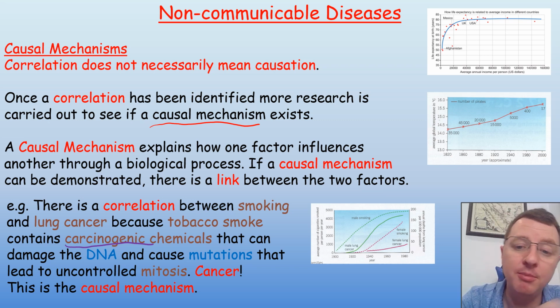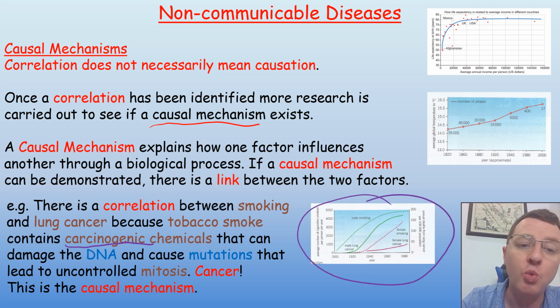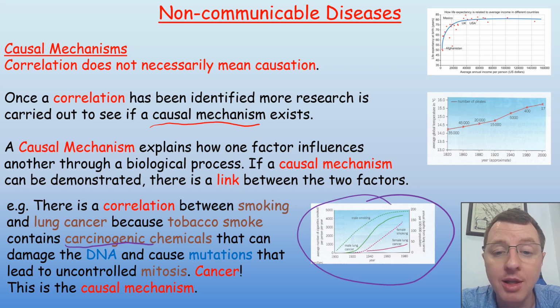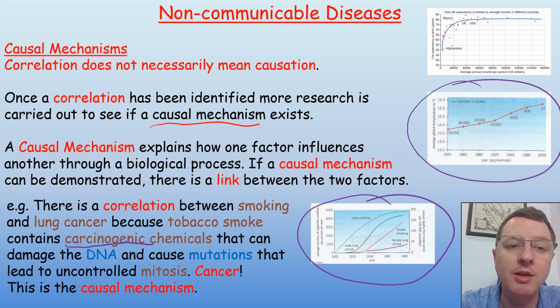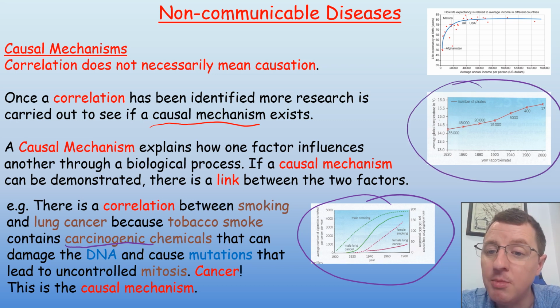So in this example of our final graph down here, we can say yes, there is a correlation, and yes, there is a causal mechanism. So we can be certain as scientists that smoking causes lung cancer. However, in our pirate graph here, we can say that yes, there is a correlation between the temperatures and the number of pirates, but no, there is no causal link.